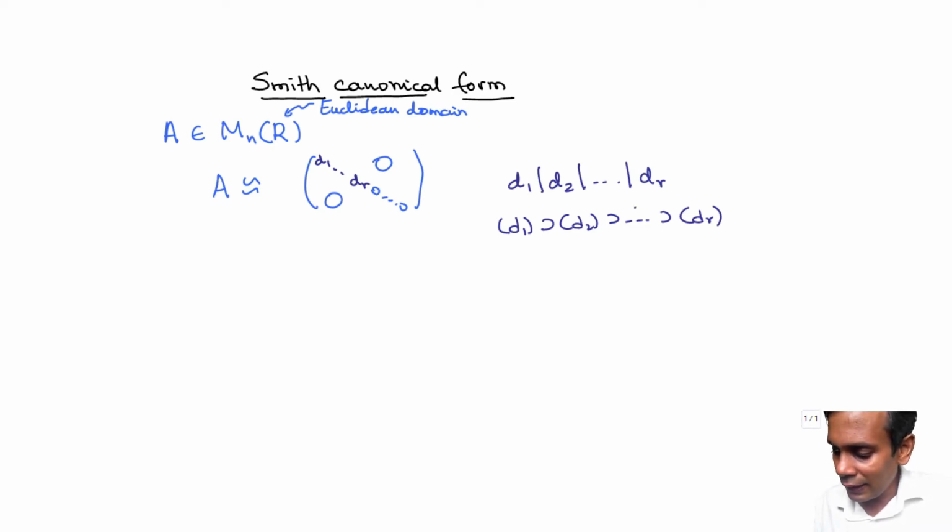It's only that these ideals are unique. So this form is unique up to the choice of ideals generated by d1, d2, dr.